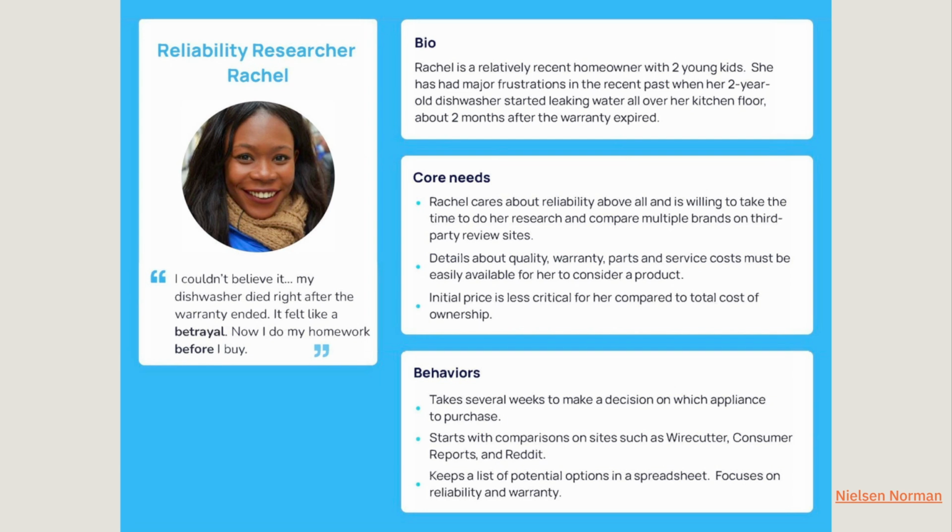So they're a very meticulous shopper. And you can think about how another persona for this particular design challenge might be like the impulse purchaser. They might behave very differently, have different core needs, and have a different potential demographic.